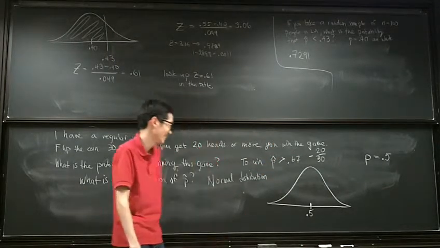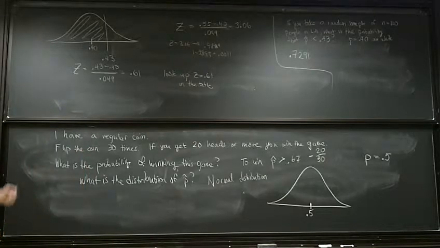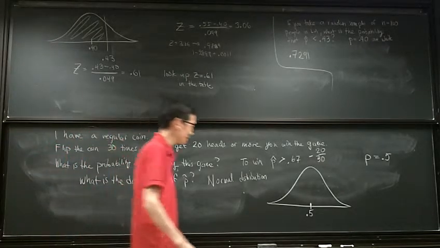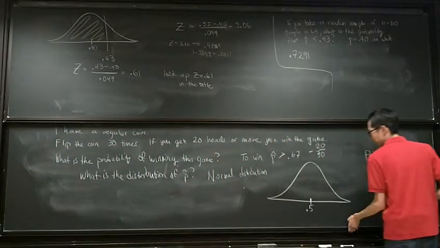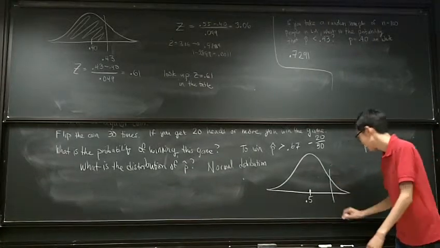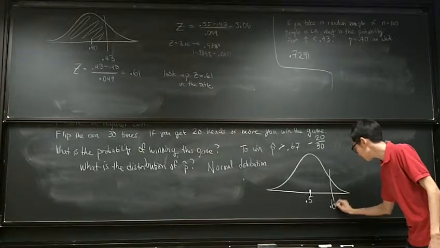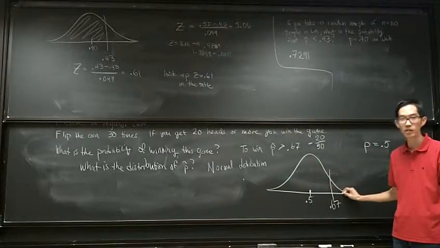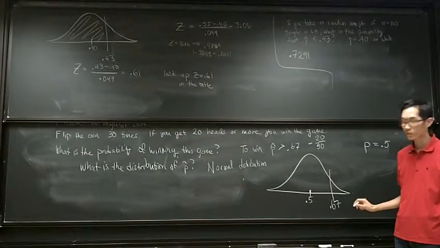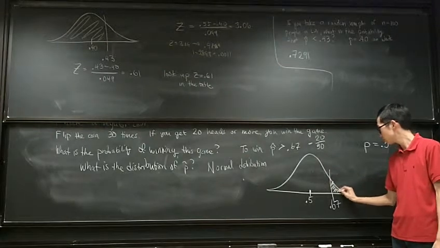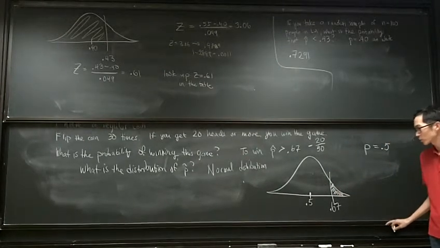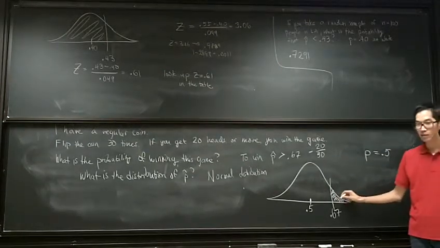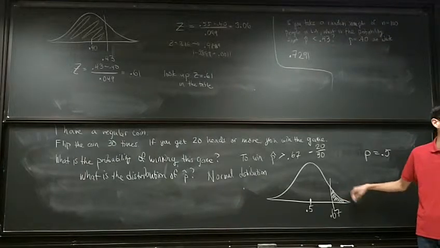Okay. So I want to find 0.67, and am I going to shade this area or this area? To the right. Because I want to know what's the probability that I get 67% or more.